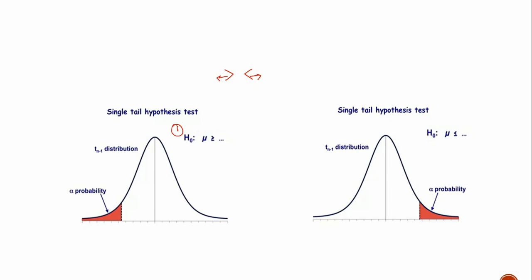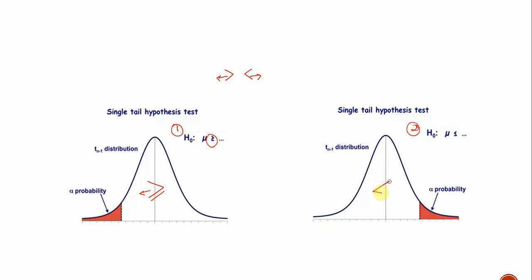So in a similar manner, if you see over here, if I draw greater than or equal to for the null hypothesis, the mouth is opening towards the left and so the rejection region is towards the left. And in a single tail hypothesis, the second case is where you'll use less than or equal to.